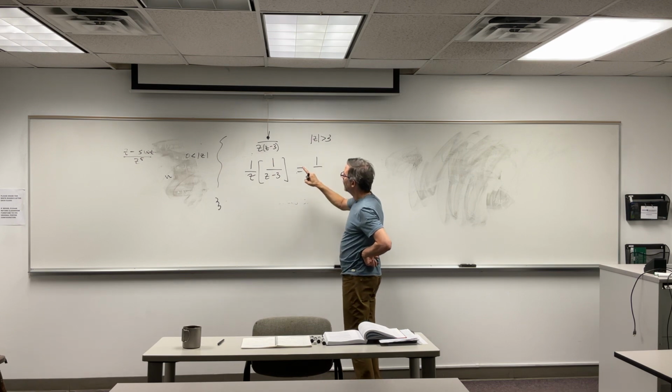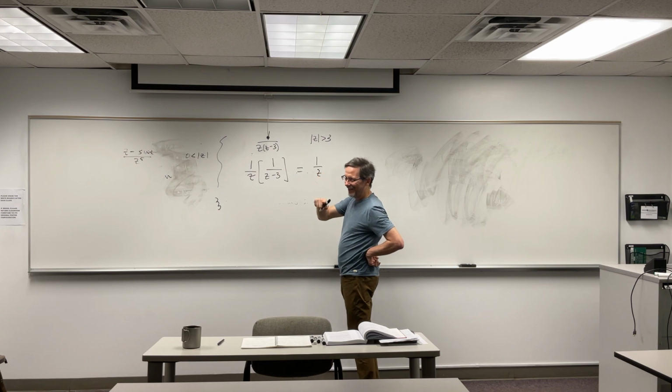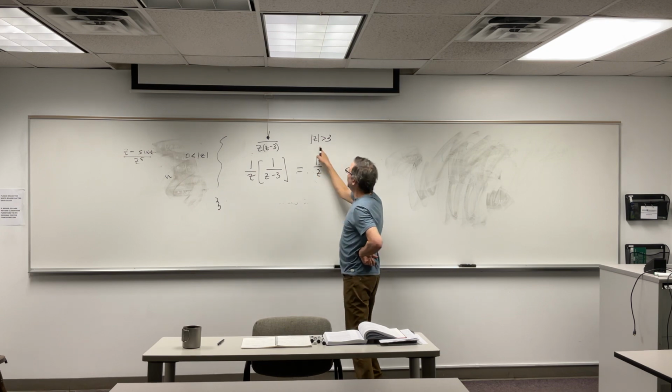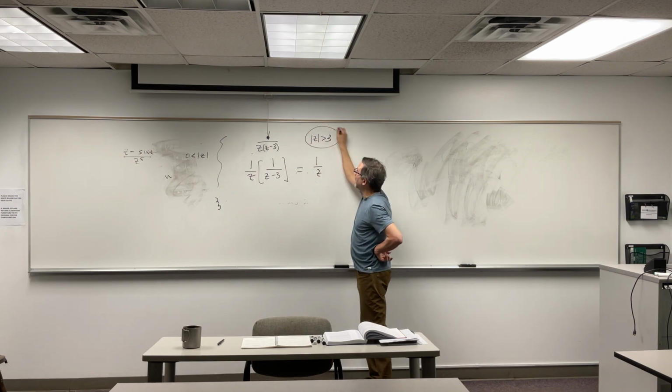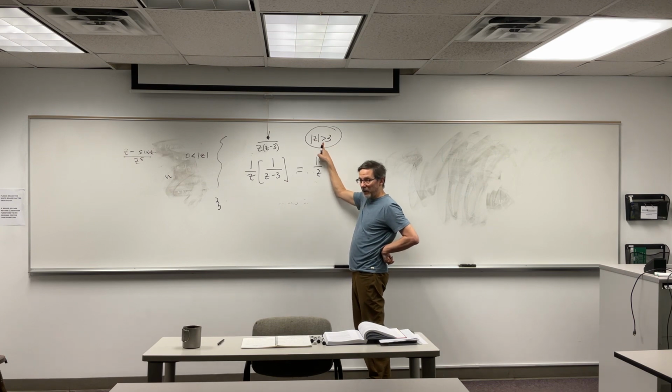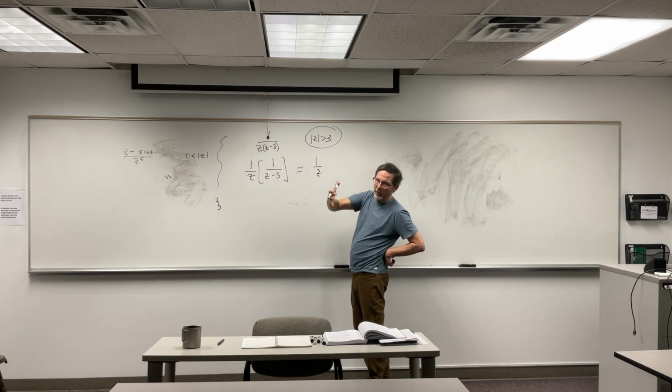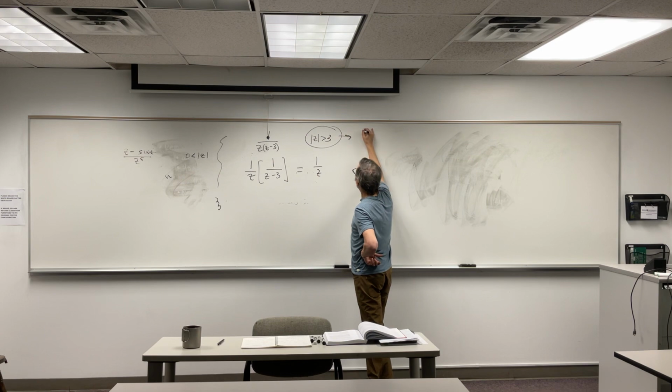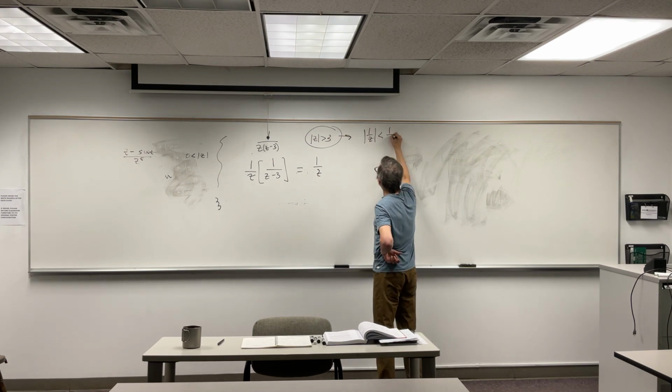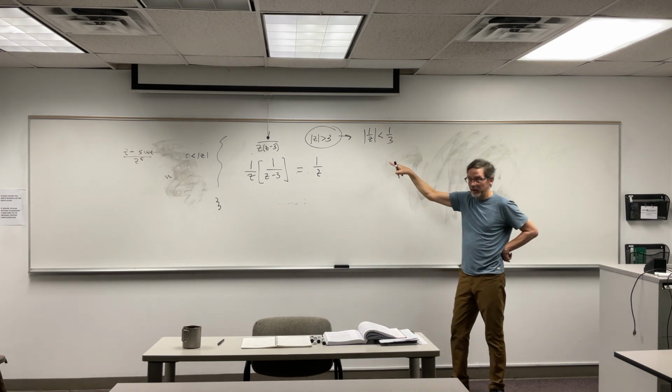It'll be 1 minus 3 over z. So this thing tells me that when you have the greater than, you want a 1 over z. You are looking for a series that involves 1 over z.